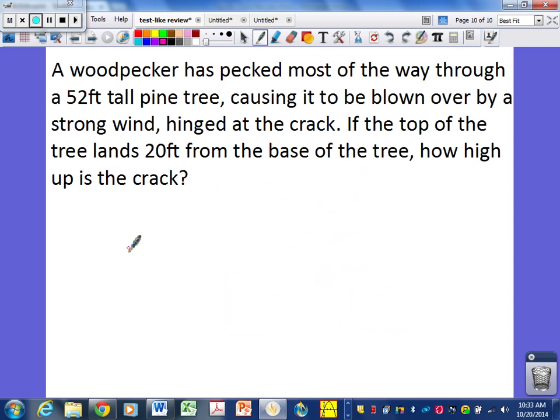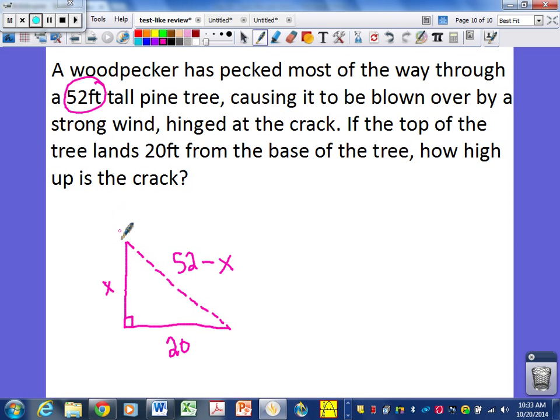Okay, and our last one is a Pythagorean theorem problem. Remember, this is x. Students, if this is 20 feet, then this is 52 minus x. Okay, the whole height was 52. It broke x units up, so this much is 52 minus x. x squared plus 20 squared is equal to 52 minus x, squared.